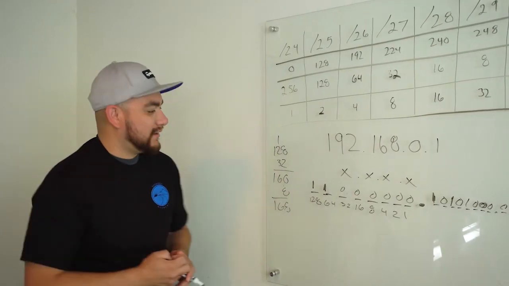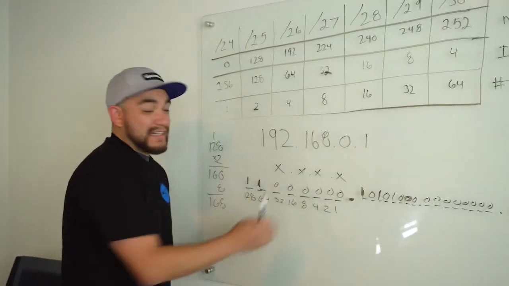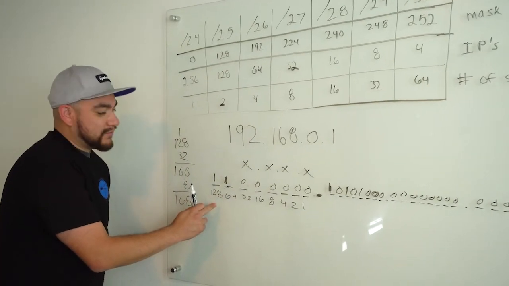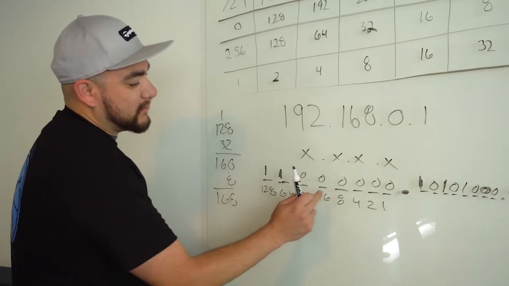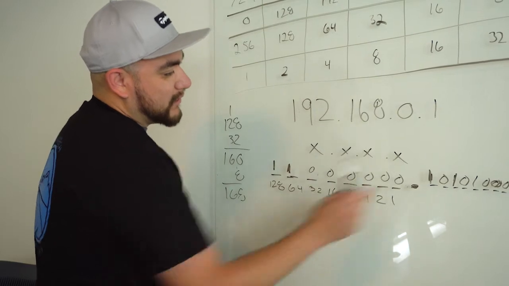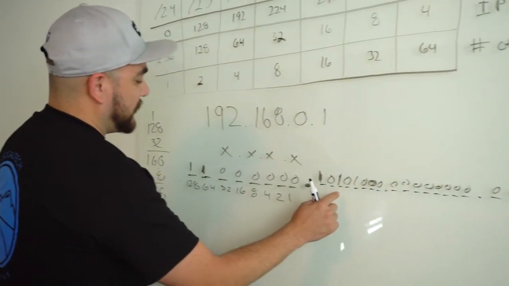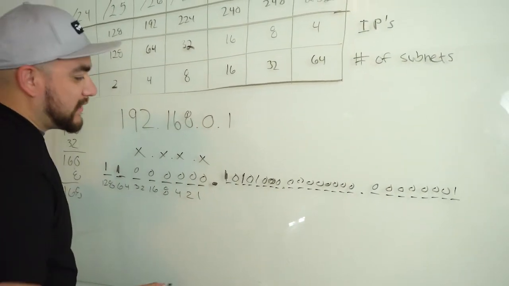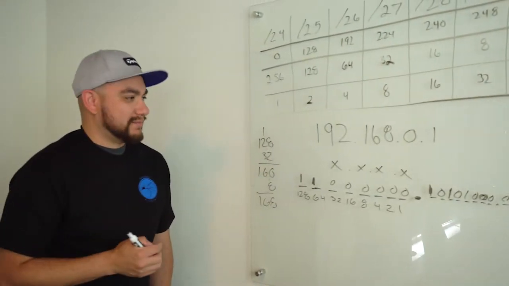Just to reiterate, every bit within each octet stays the same. The first bit equals 128, second 64, the third is 32, fourth equals 16, and 8, 4, 2, 1. Same thing with the second octet: 128, 64, 32, 16, 8, 4, 2, 1. There's a pattern here, as we can see.